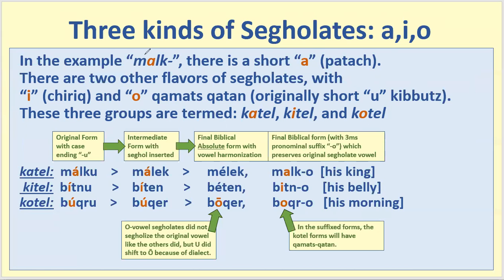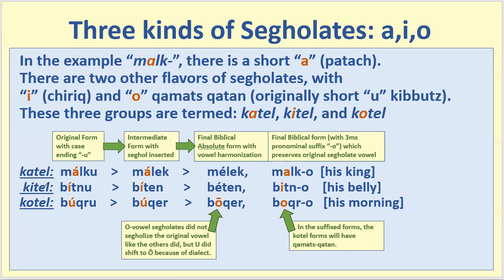So, for example, melech is a katel form because whenever it adds a suffix, it gets an a vowel in it. This is going to show us three different examples. We've already seen malku, how it turned into malech, and eventually melech. And then with its pronominal suffix, we're going to use that malk form and then put on the suffix, malko, which means his king.